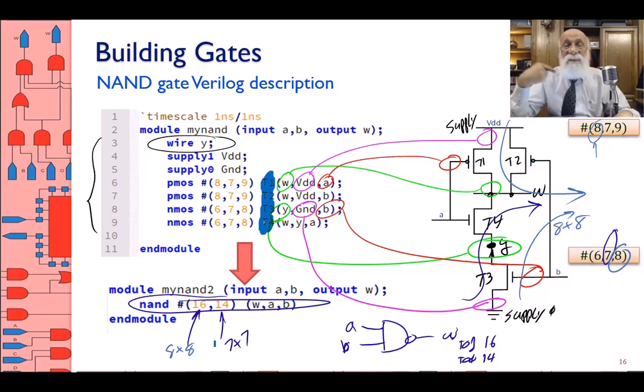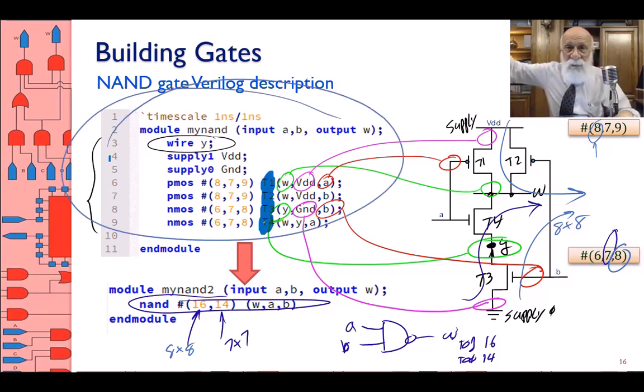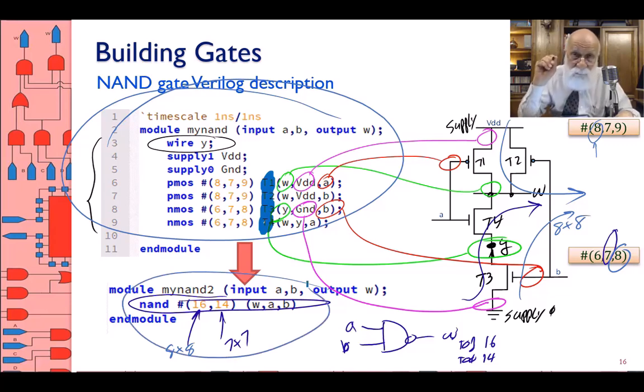But then that's not the worst case. If I want to replace this complex model by this little cute, simple model, what I do is I consider worst case delay so that I make sure that all the situations are covered.